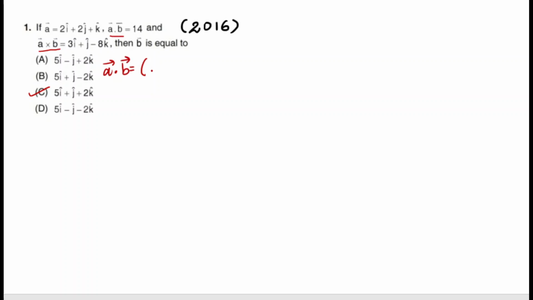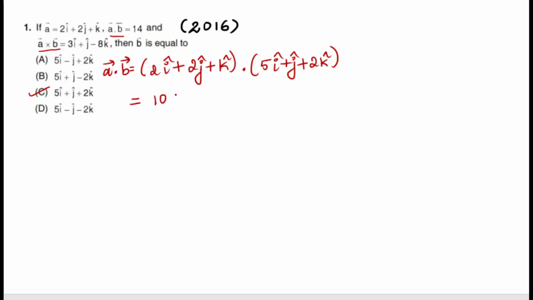Now a vector I am keeping as 2 times i cap plus 2 times j cap plus k cap, dot b vector I am keeping as 5 times i cap plus j cap plus 2 times k cap. Now on solving the dot product, we got 2 5s are 10 plus 2 1s are 2 plus 1 2s are 2. We are getting 14. Yes, the 14 is the right option, right?